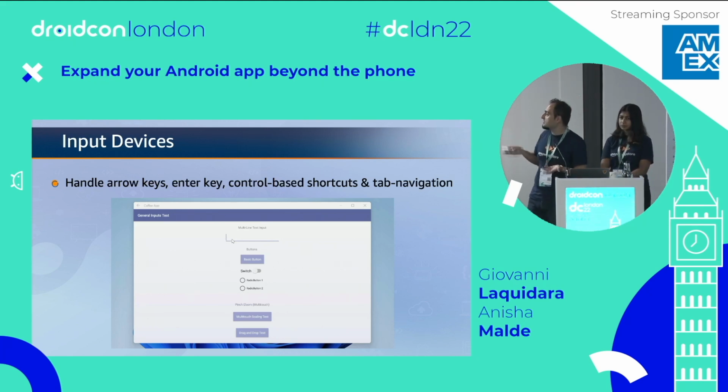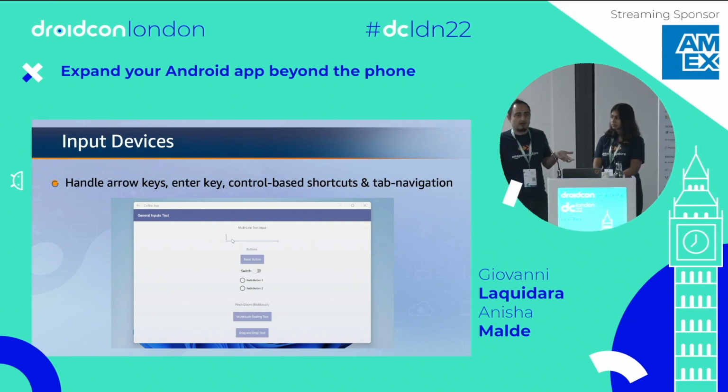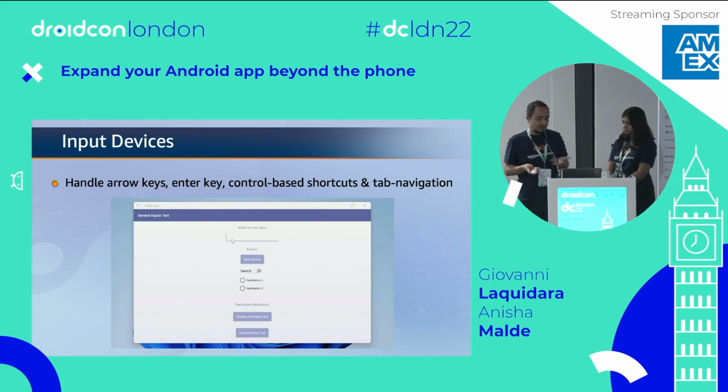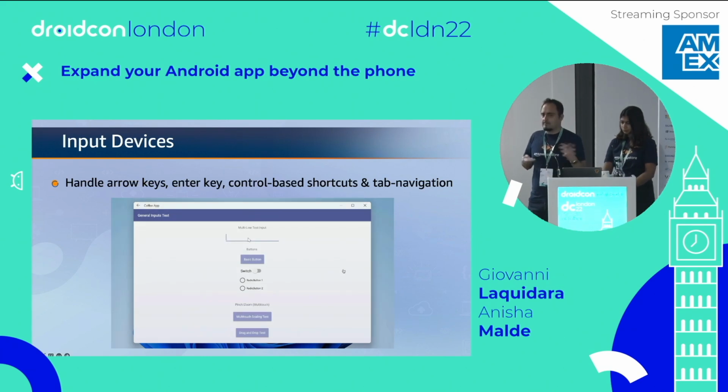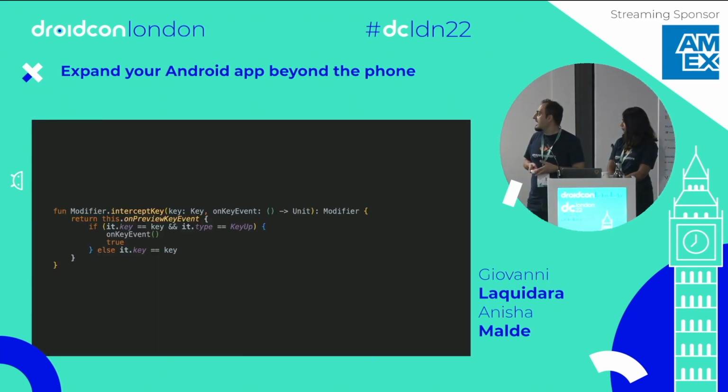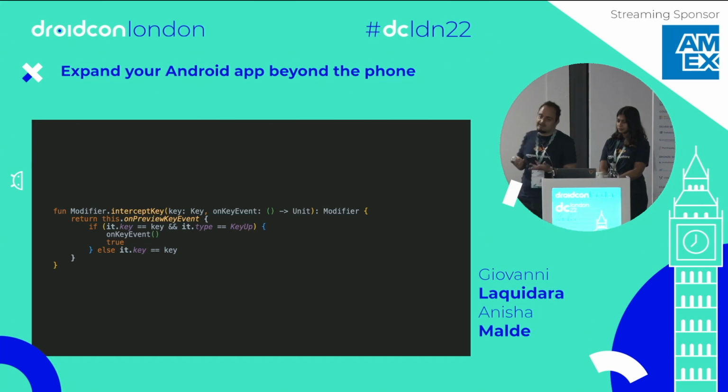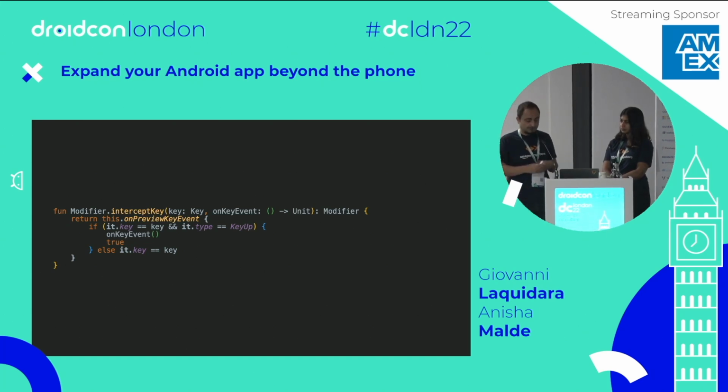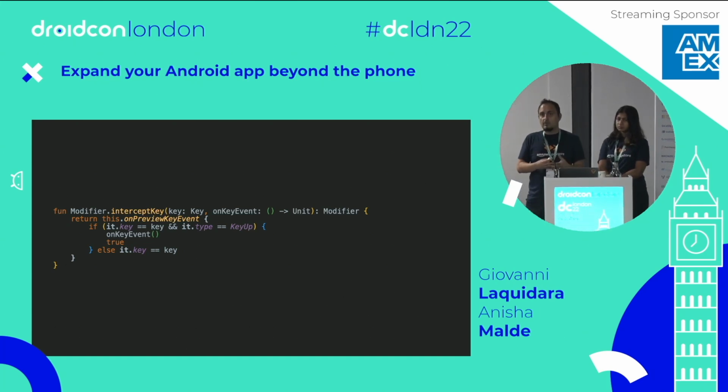This is a demo app showing that the normal input controls from the keyboard are handled by the Android platform. In our sample, we use Jetpack Compose as well. And to capture the event coming from the keyboard, you can just use a modifier. A modifier is just something that you can associate to a composable to extend, to decorate the behavior of that composable.